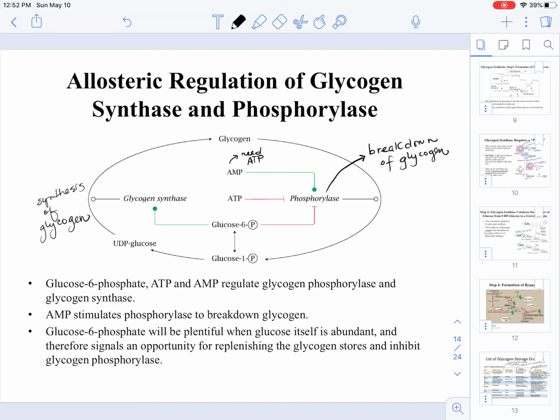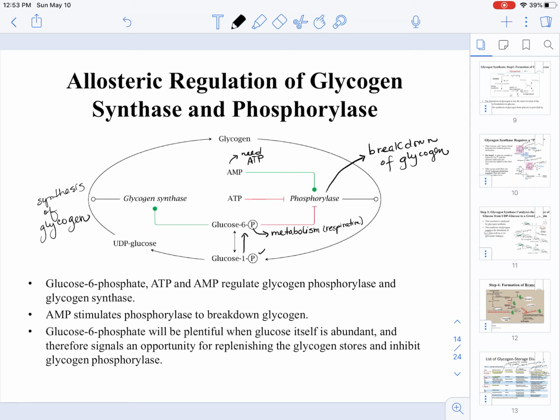Once we break down glycogen, we make glucose 1-phosphate that then can be converted into glucose 6-phosphate, and this can undergo metabolism in the form of respiration. That's how we are going to replenish that energy that is needed, that was signaled by our AMP.